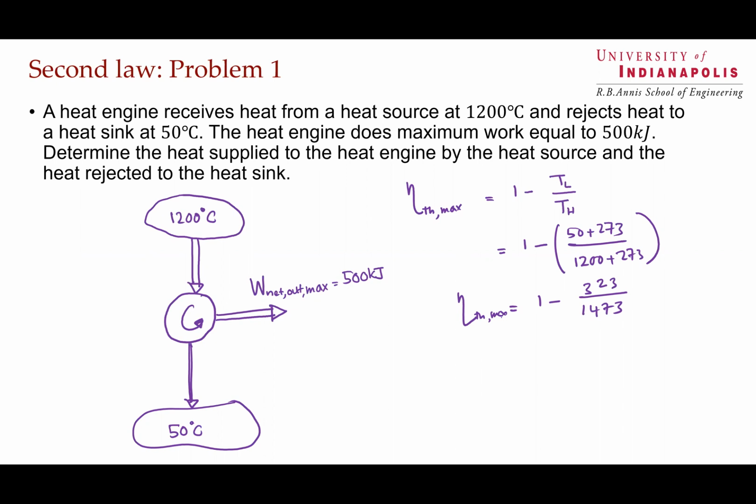By solving this part of the equation, we can find 1 minus 323 divided by 1473. It's 0.781, right? So when it operates at this maximum efficiency, it outputs maximum work.